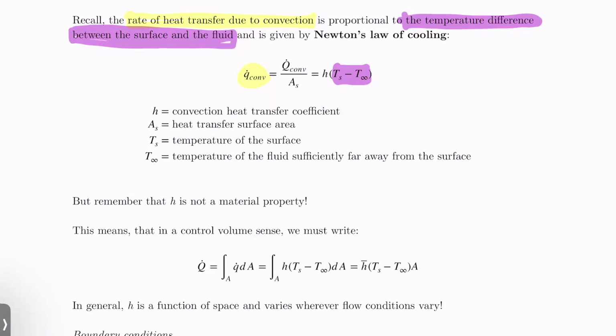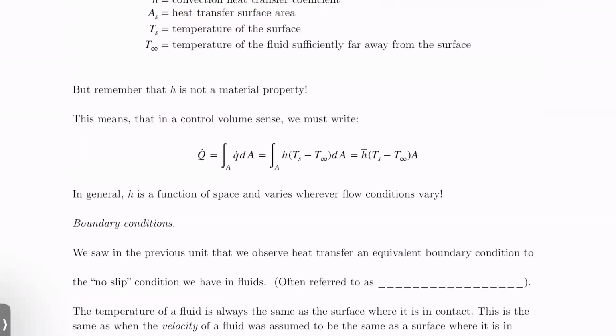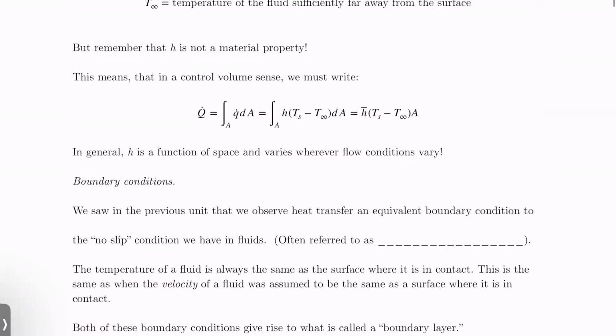All right. When we talked about this last time, I made mention of the fact that h is not a material property. So that means that we have to write this a little bit differently. We are going to write this with an average, h bar, because it could vary over space.